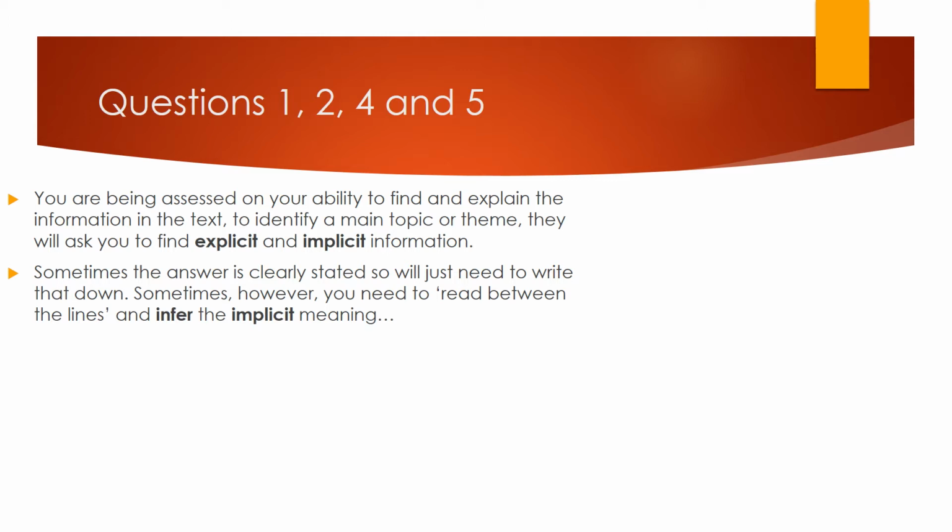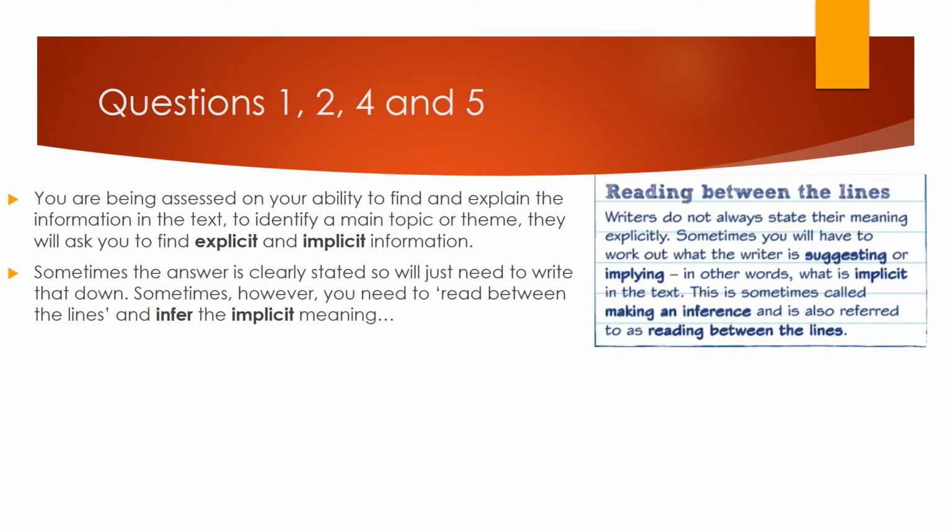It could be that the text is explicit in what it's saying, so it's very clear, it's there, it's written. Or it could be that it's implicit, which means that they've implied something and you have to read between the lines to actually understand what that means.